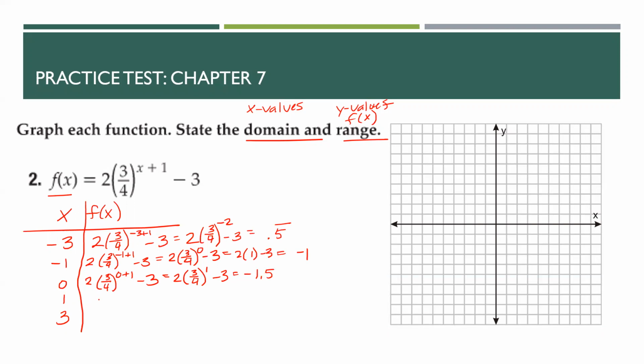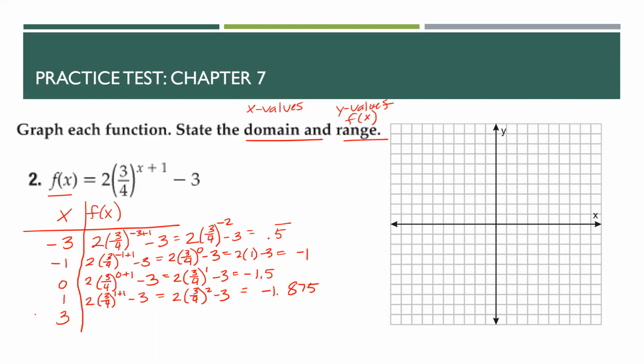And when you plug in a +1 for x, your exponent is 1 plus 1. That ends up being 2 times 3/4 squared minus 3, which ends up being -1.875.